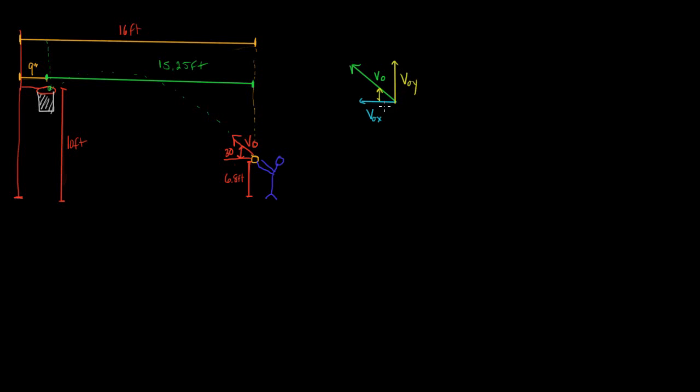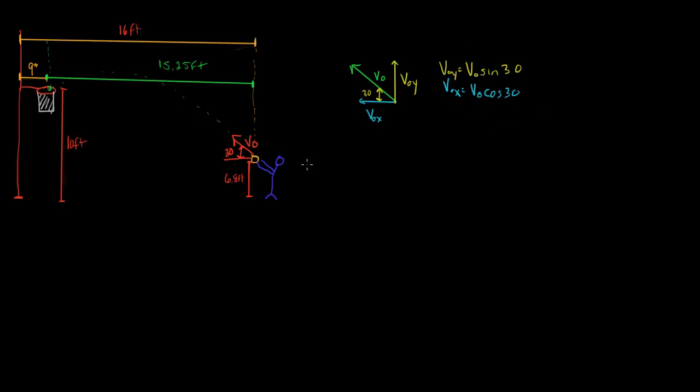Since we know this angle is 30 degrees, the v naught in the y direction is equal to the magnitude of v naught times the sine of 30, and the v naught in the x direction is equal to v naught times the cosine of 30. Even though we don't know what v naught is, we can still come up with these two expressions.